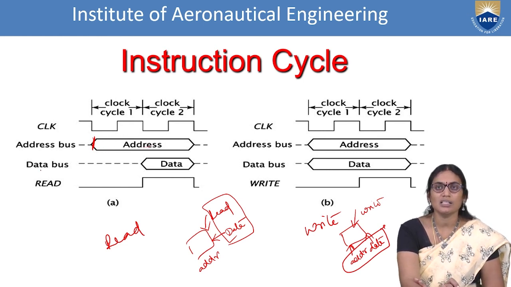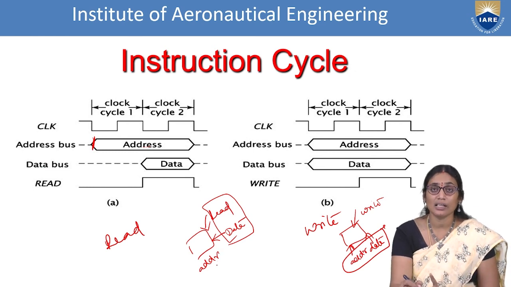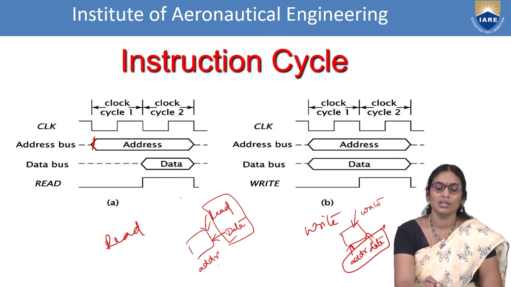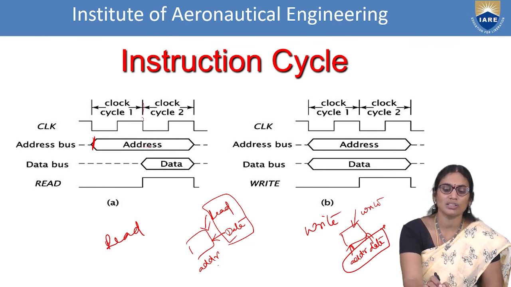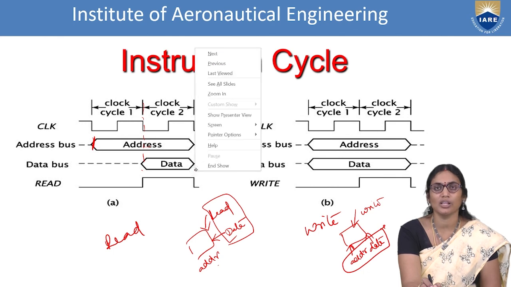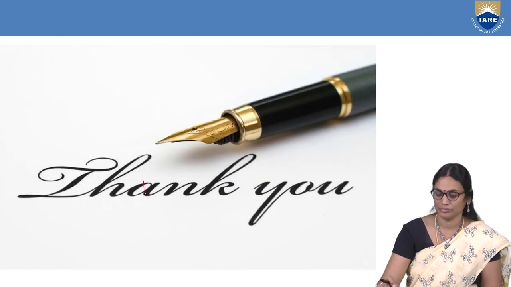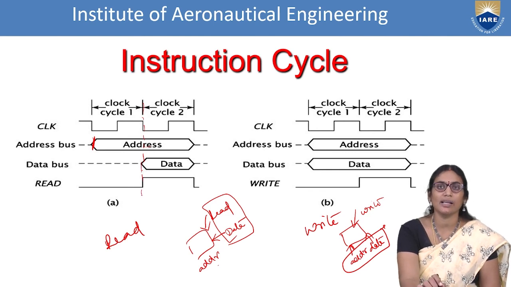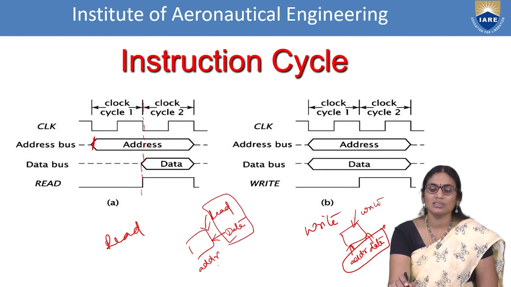We already said that first I'll trace out the location, then I'll move on to the read operation and data operation. So in the second clock cycle, I'll initiate the data which has to be read from the location, by initiating the read signal. Next is the write operation.